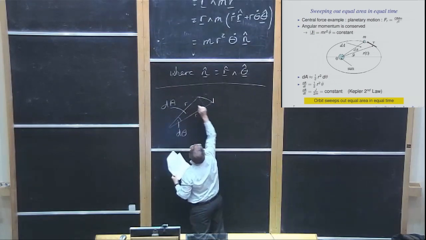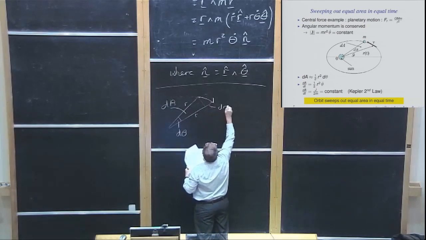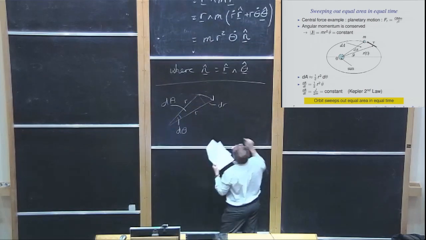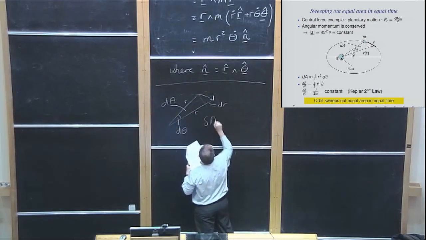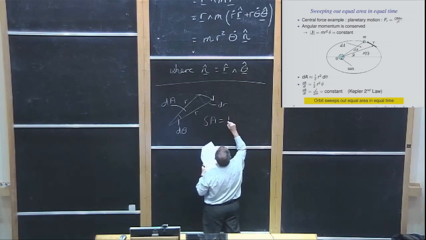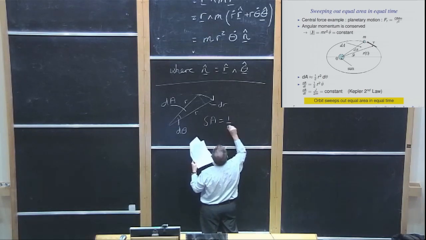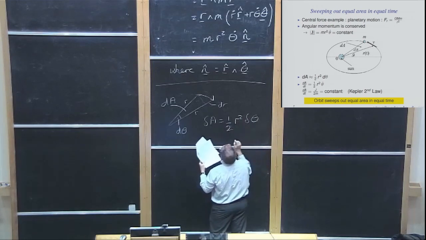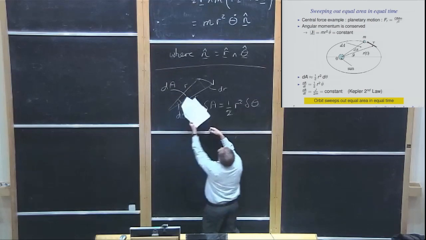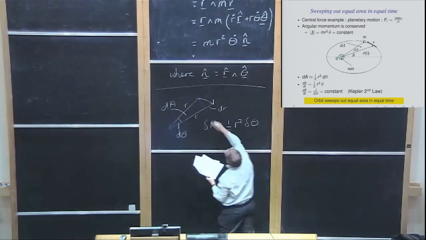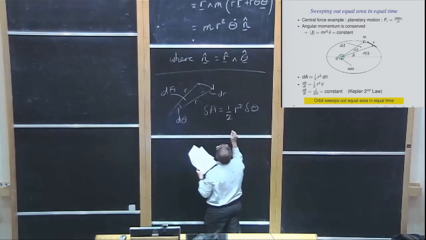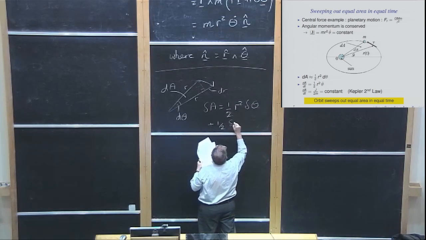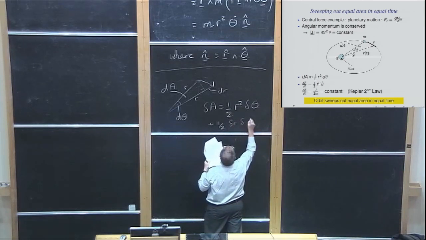So over this period of time, r increases from r to r plus dr, and so the total area of this triangle is going to be a half r squared delta theta, and that would be this right angle triangle, but then you have this triangle up here, and the area of that would be a half delta r times delta theta, okay?